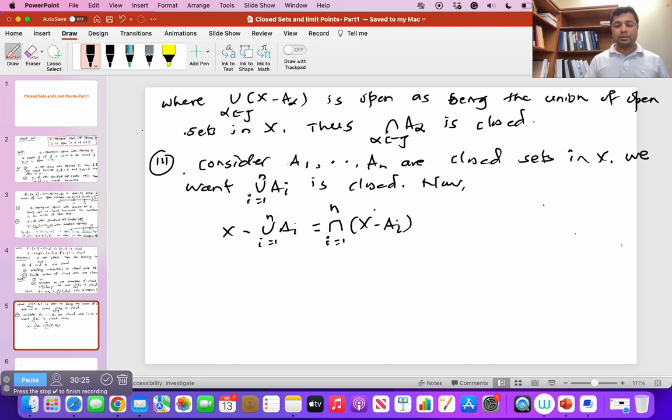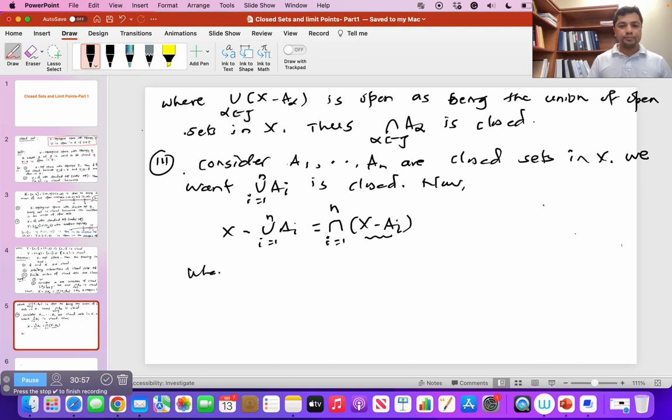Now we know that each Ai is closed, that means X minus Ai is open, and we know that in a topological space a finite intersection of open sets is open, so the right side is open, and that means the left side is also open, which means the complement of their union is open, so we can say that this union is a closed set.